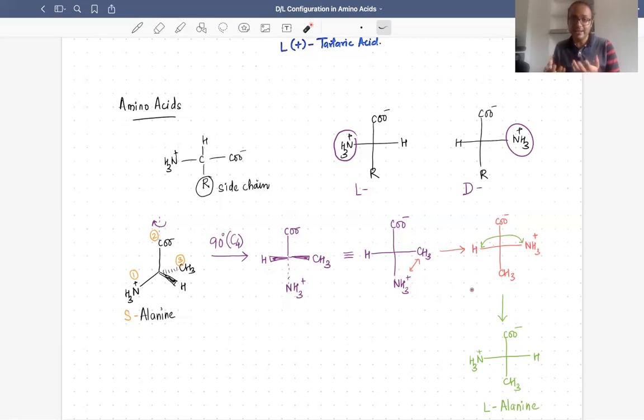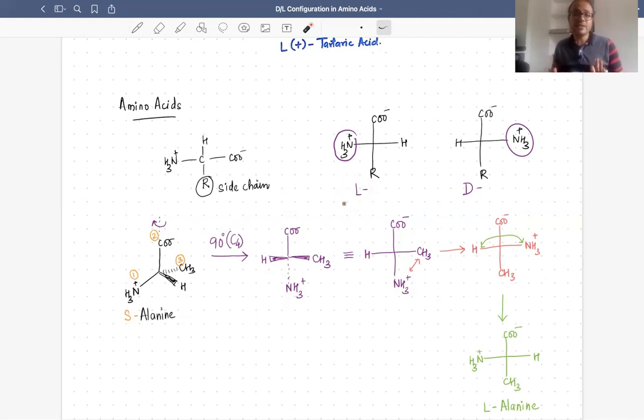So in that sense, to correlate, probably we use D and L in amino acids also, because in amino acids the L form is the naturally abundant form. I'm not exactly sure about that reason, but nowhere did I find any particular reason why we still use this D and L configuration in amino acids.